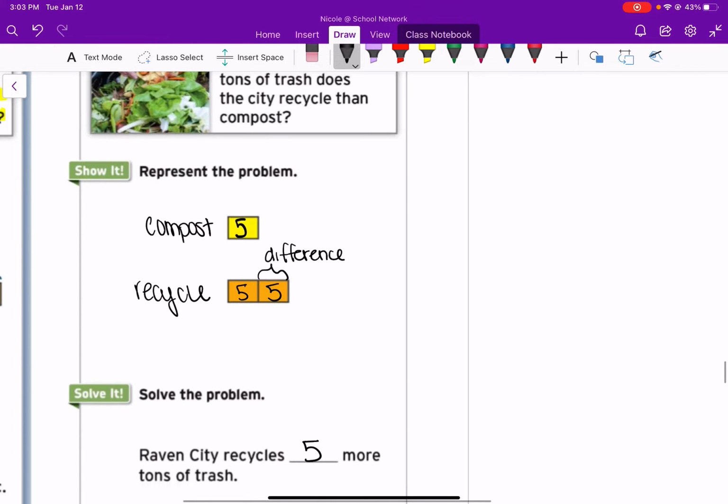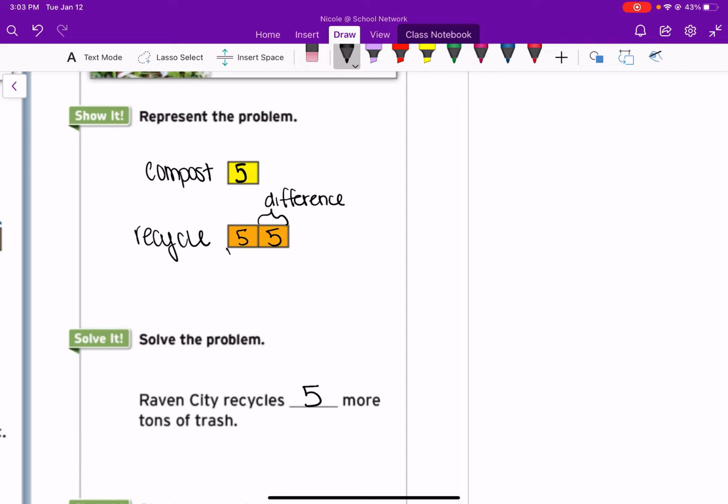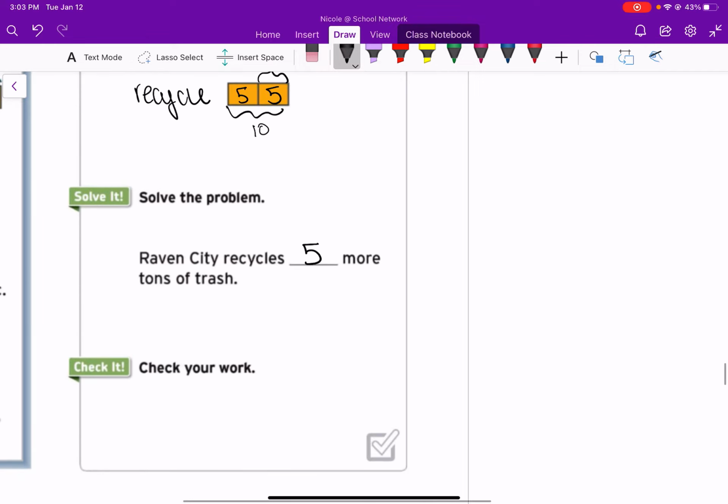And we check our work. So here the total would be 10. And so recycle, since it's bigger, recycle. The difference between recycling and composting.